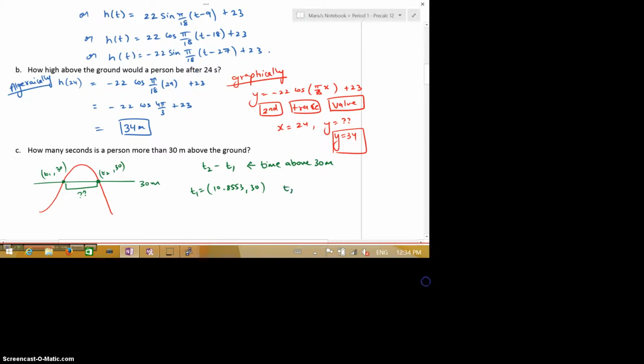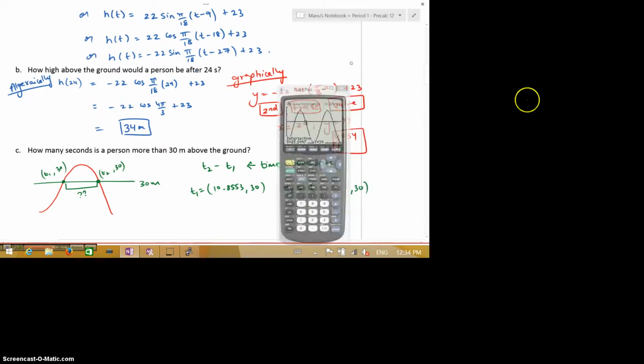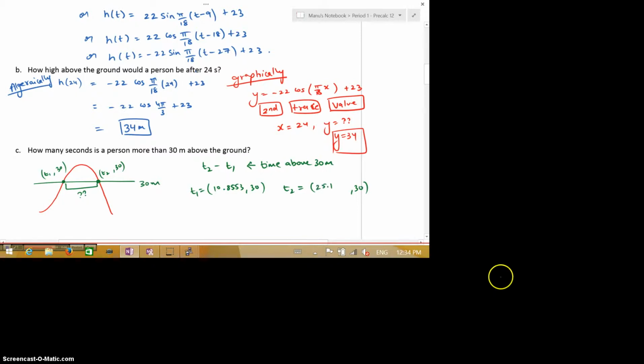My second point, T2, I want to figure out. Now, I would repeat the steps. Go second, trace, intersect. Scroll over to the second point this time. Get really close to it. And then press enter 3 times. Once, twice, 3 times. You get a value of 25.1447. So 10 seconds into the ride, the person goes above 30 meters. 25 seconds into the ride, the person comes back down below 30 meters.